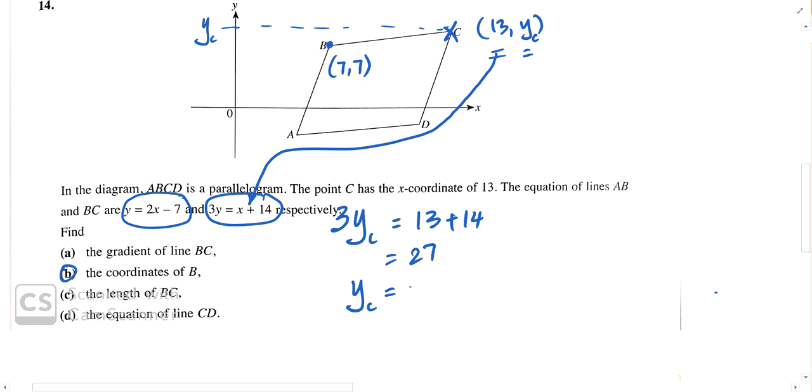Y coordinate for C will therefore be 9. So we update this to become 9.